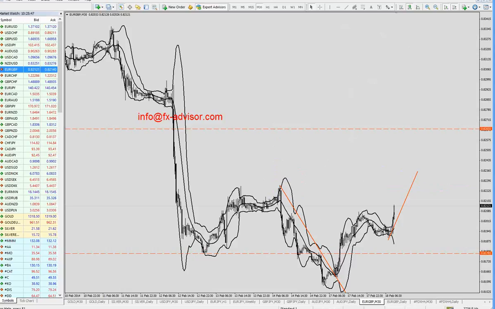The first one was the move above this short-term trend line, and the second was move back above broken support. So the breakout is not valid here.